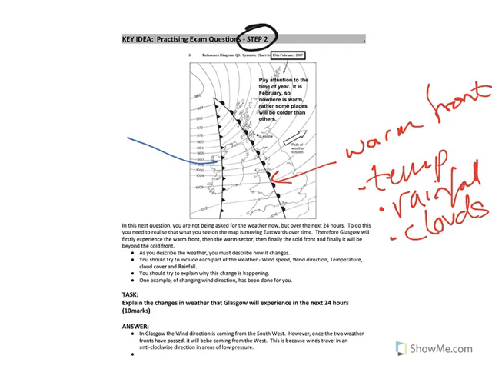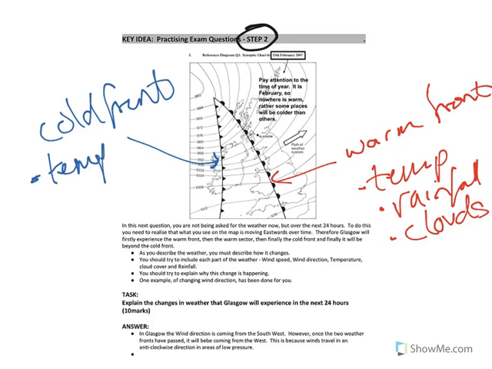Likewise, we know a little bit about the cold front. We need to really be firm in our knowledge of the cold front and how it's different from the warm front. So, for example, the temperature in a cold front is going to be much colder than it would be in a warm front. The rainfall would be much heavier than in a warm front. So warm fronts bring you steady rain, whereas cold fronts bring you heavy rain.